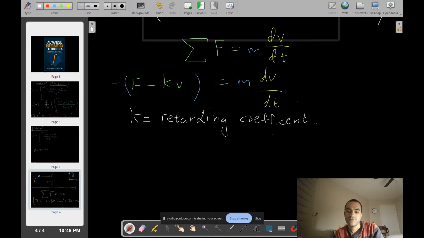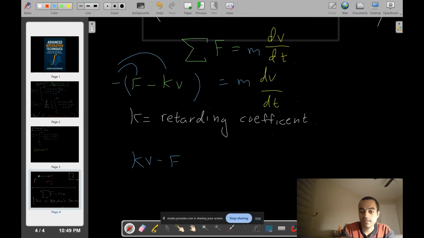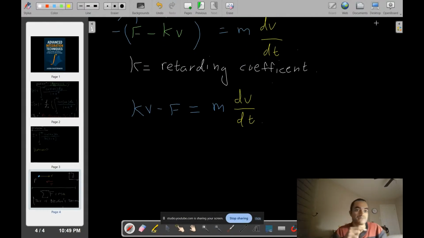If we were to distribute that out, you'd just get KV minus F, because the negative becomes positive, and this is equal to M dV dt. That's our differential equation that we have to deal with.